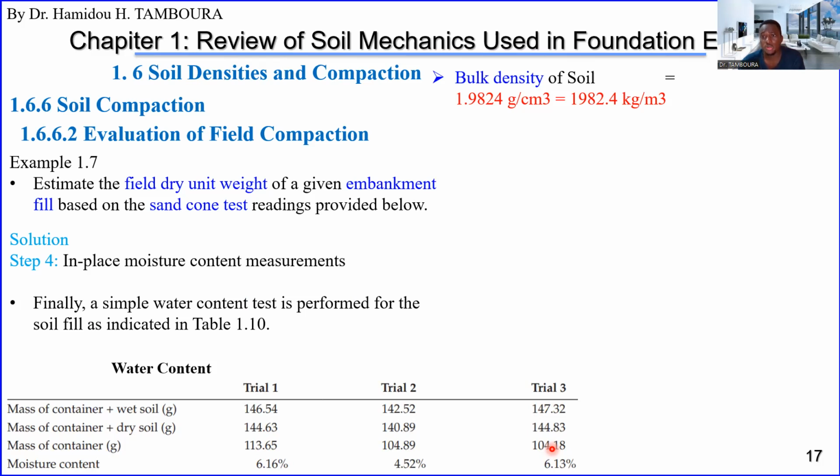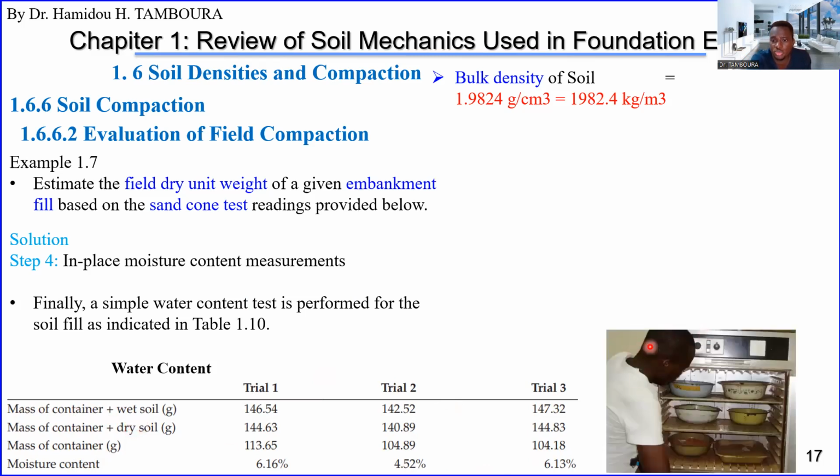So the mass of the container goes like this. This is also me, but this is when I was a bachelor student.